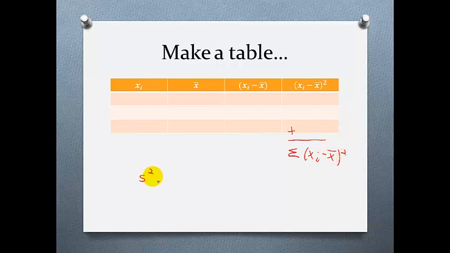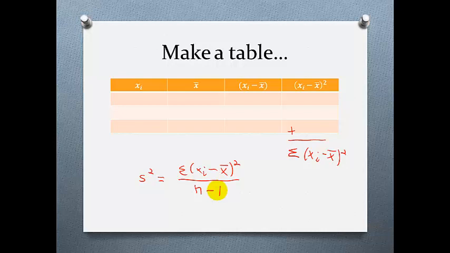And then we will find the variance, which means we just take that value that we just found and divide by 1 less than the number of data values. Maybe it's coming together a little bit.